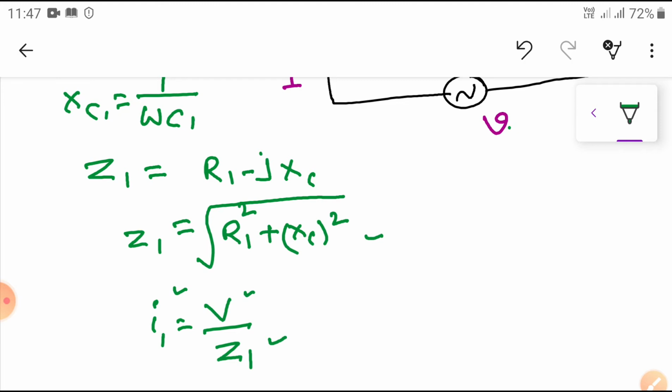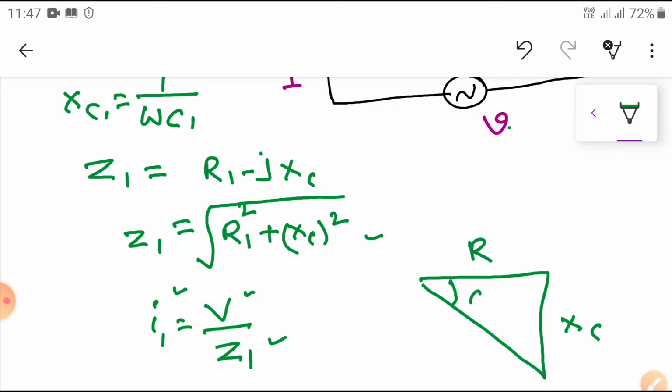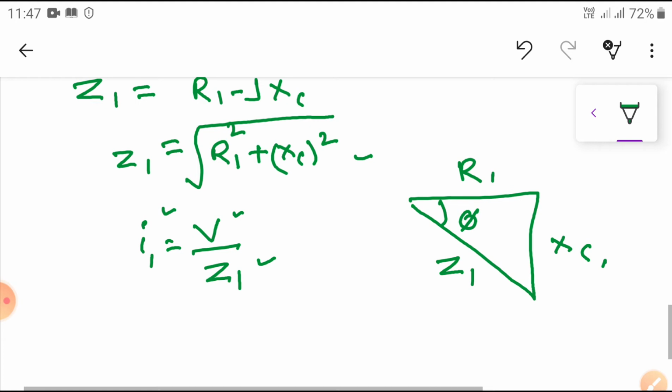Now we know the vector diagram, the impedance triangle. This is R, this is XC, this is phi, this is Z1. Then I want to know this angle phi 1. So phi 1 is equal to tan inverse.